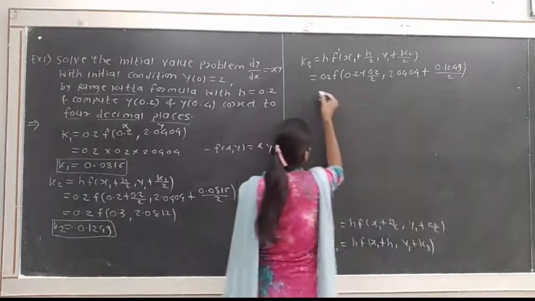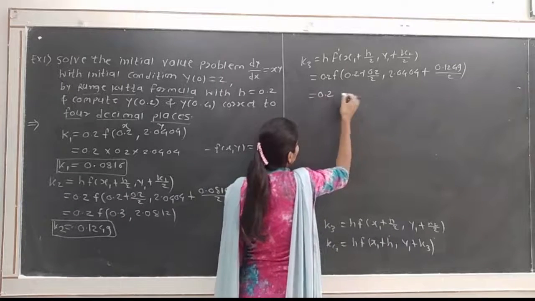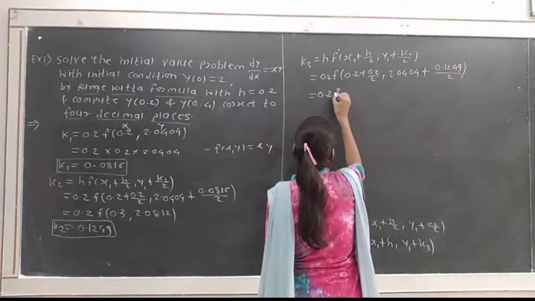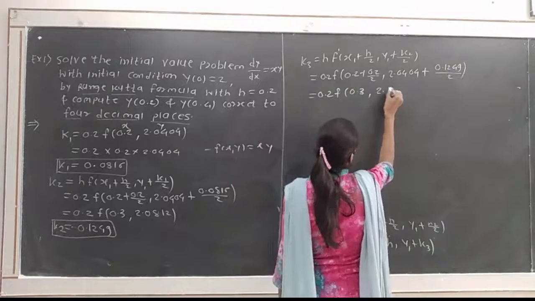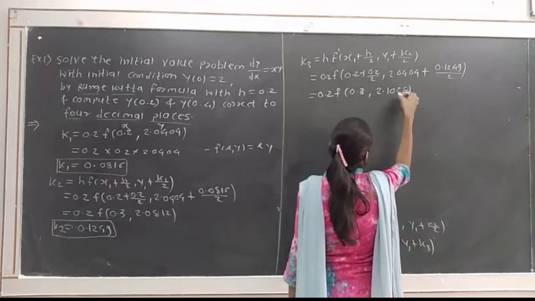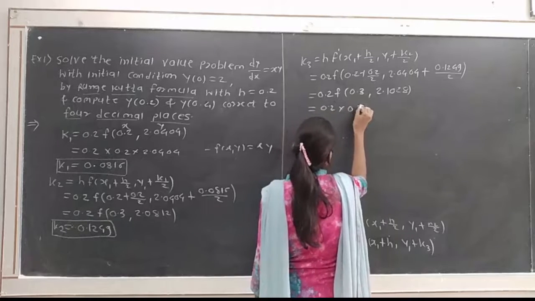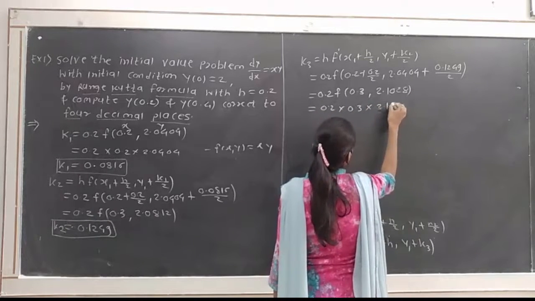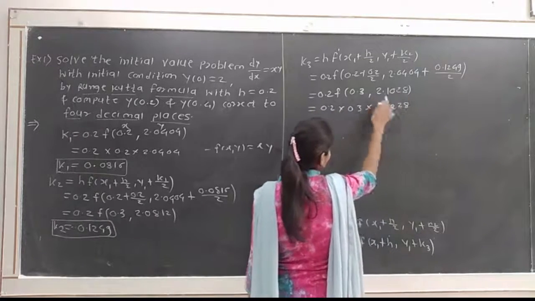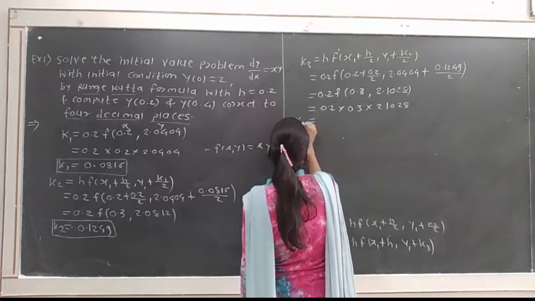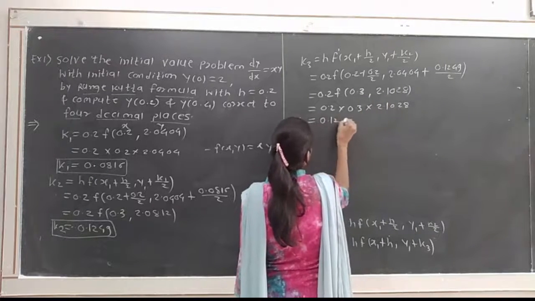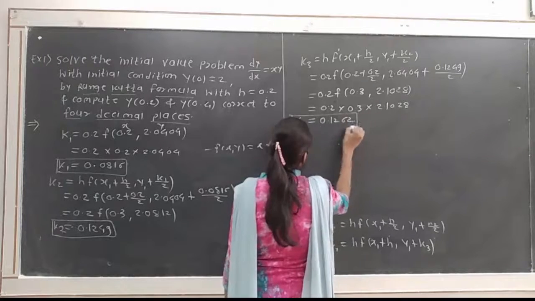Then 0.2 times f of 0.3, 2.1028. So we have to get 0.2 into 0.3 into 2.1028, because the function is x into y. So we get the value 0.126, so k3 will be this.